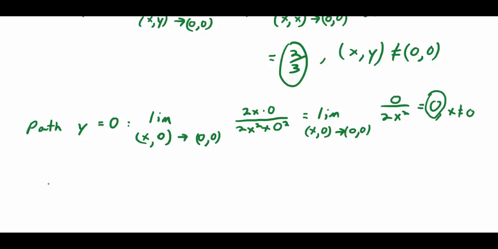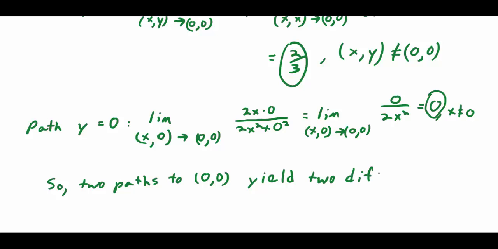So we could say this. So two paths to 0, 0 yield two different limiting values. I'll say two different values for the limit.